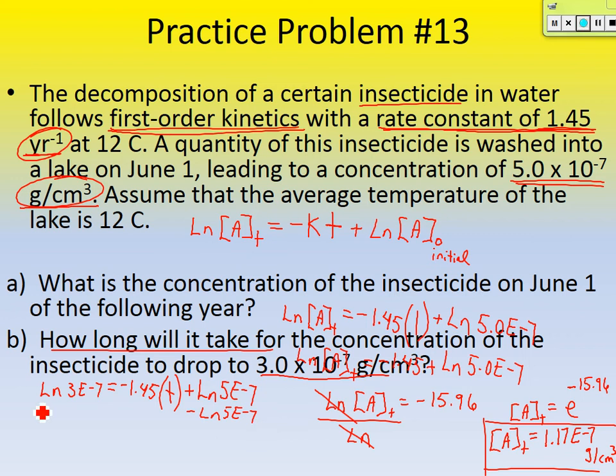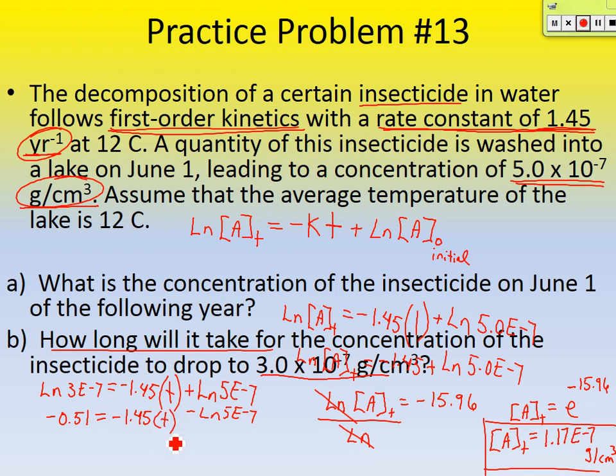So let's take the natural log of 3 times 10 to the minus 7th and subtract off the natural log of 5 times 10 to the minus 7th. And so that equals a negative 0.51, and that's equal to a minus 1.45 times t.